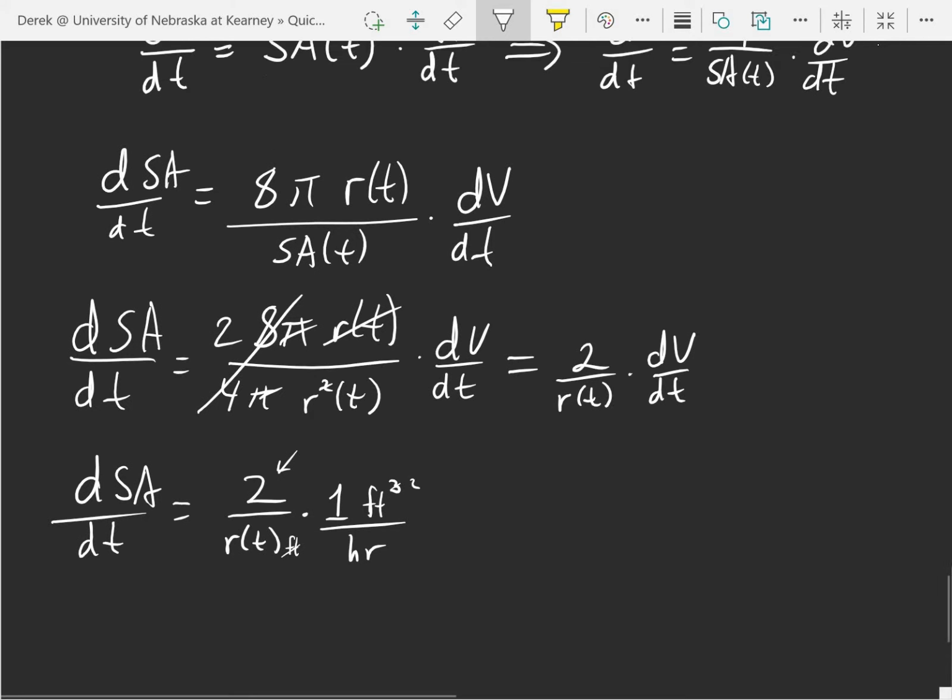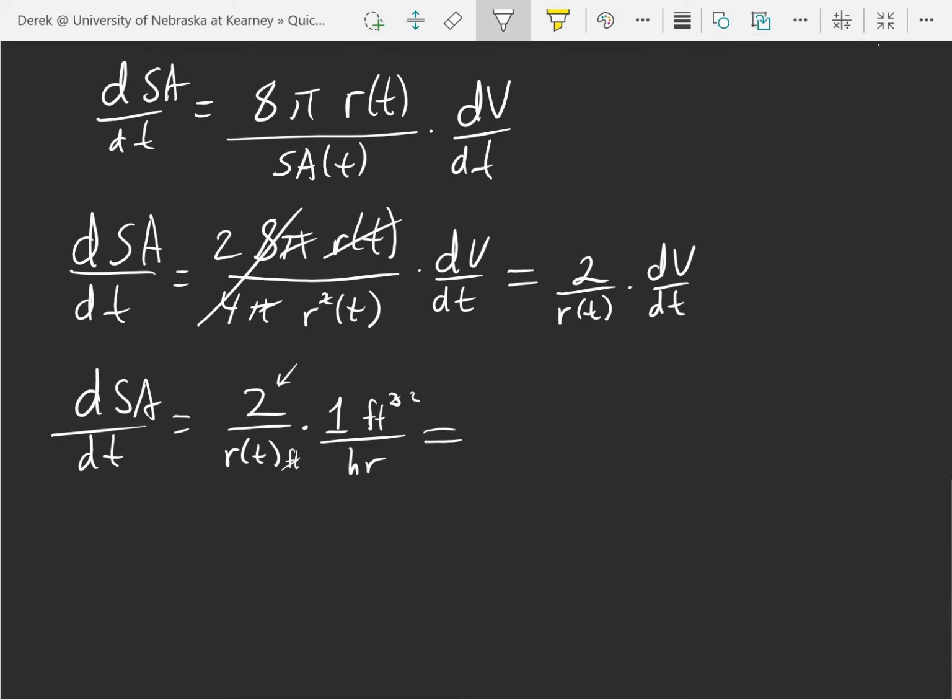So dS dt is equal to 2 over r feet squared per hour.